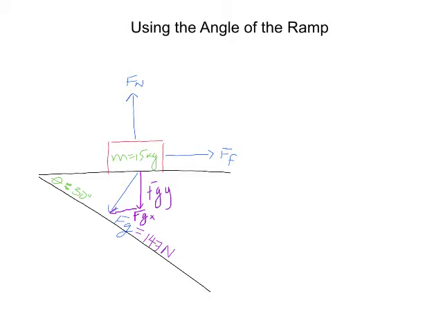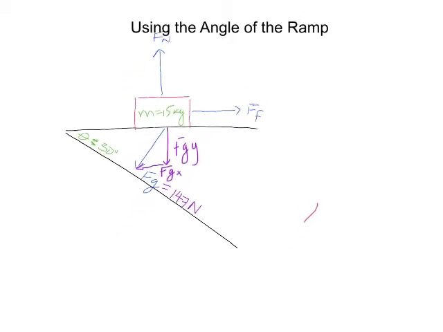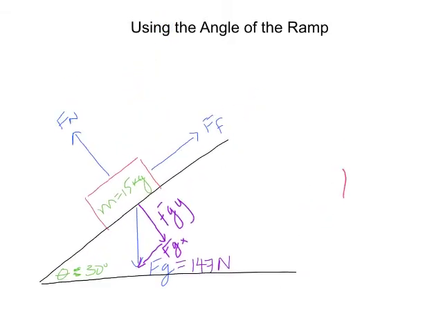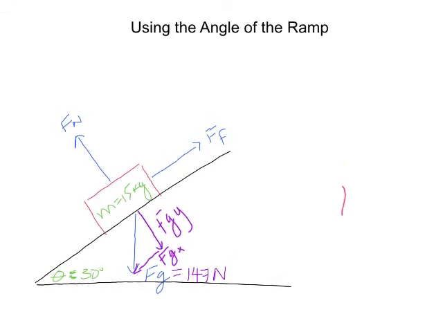Once you get familiar with the fact that all you have to do is slightly rotate, you can break the force of gravity into components instead of having to break every single force into components. All right, so I'm going to rotate this back just because it'll be easier to see the angle, or how I can prove to you that the angle works.